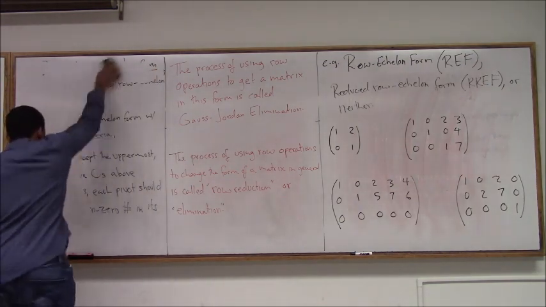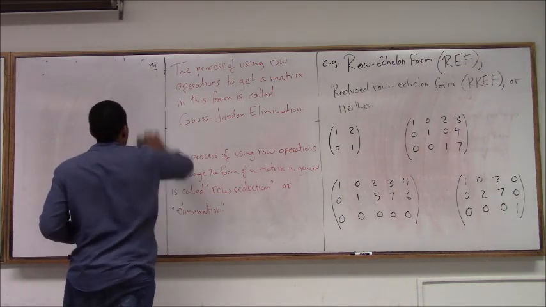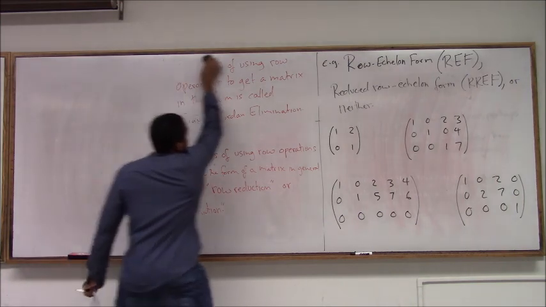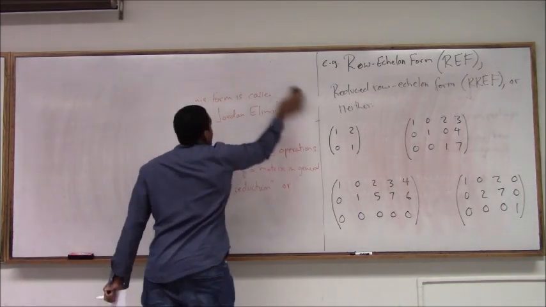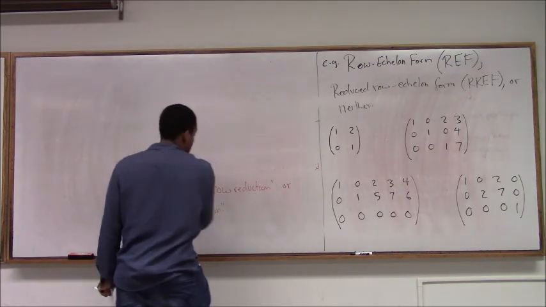Determine which one of those forms it's in, or neither, and then you can tell me reasons for your choice. You should be able to say why it is only in row echelon form and not reduced row echelon form, or why it is neither of these forms.